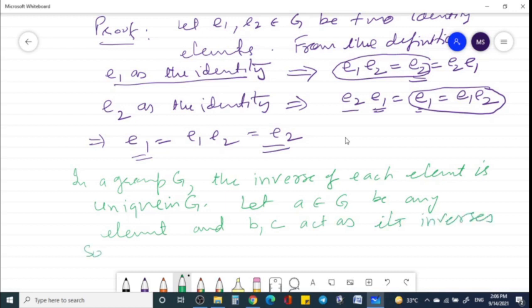So by definition, AB equals E equals BA and AC equals E equals CA.